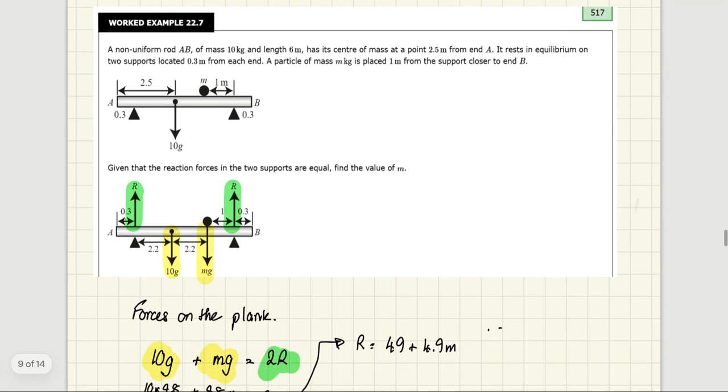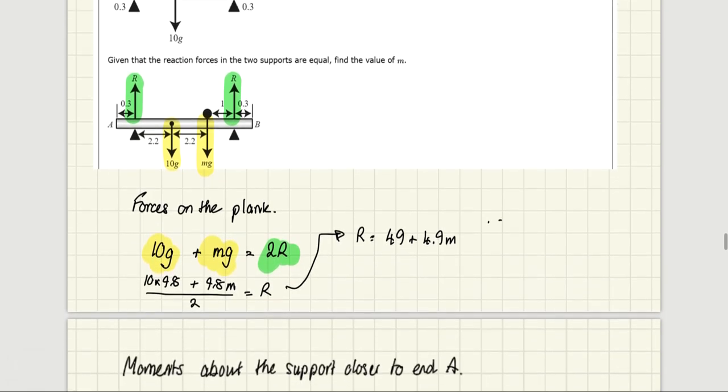All right. So, to start with, I've looked at the forces on this plank. Why is 10g plus mg equal to 2R? Forces have an opposite and equal. Yeah. So we've got the downward forces and the upward forces must balance each other out because we're told it's in equilibrium.